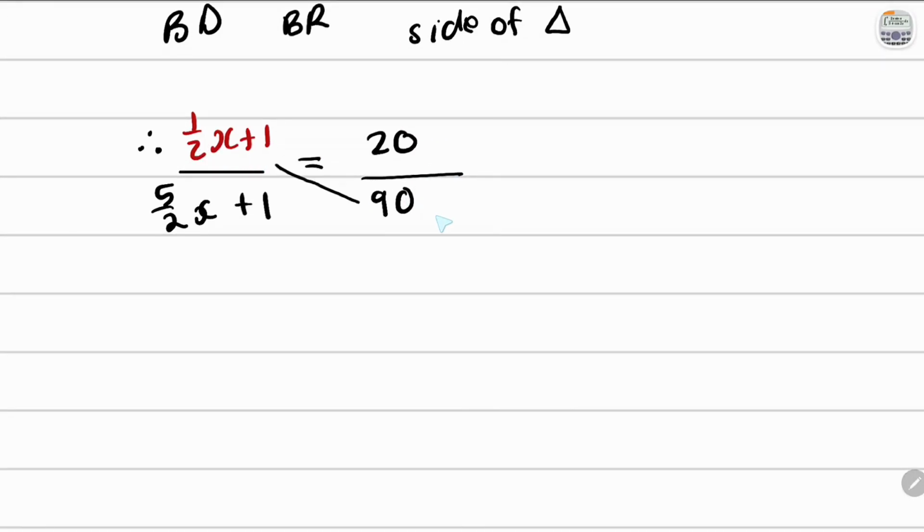Remember, you have 2 terms here and 1 term. So this 90 needs to multiply to this and that. 90 times a half, that's just half of 90, which gives you 45. So that's 45x. And then 90 times 1 is still positive 90. And this is equal to, cross multiply, going to say your 5 over 2x times 20.